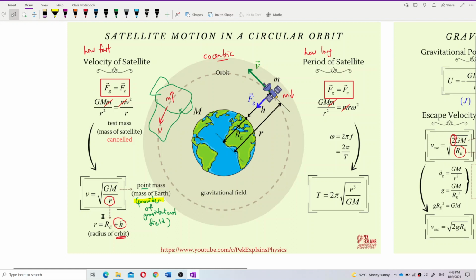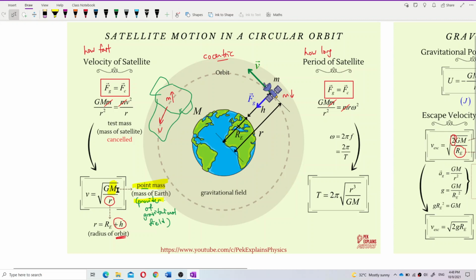Look at the formula before you answer. Velocity of satellite only depends on what? Only depends on the point mass, the mass of Earth.